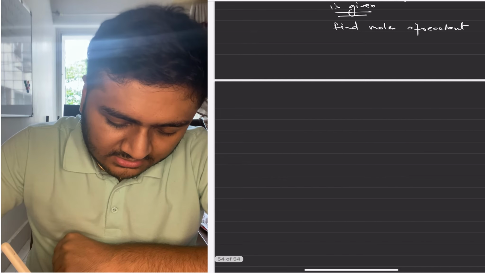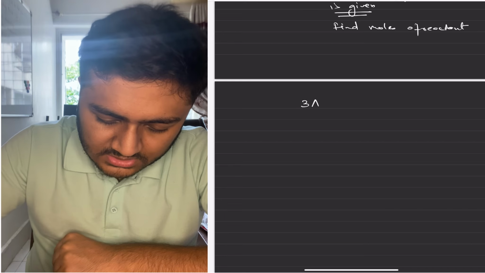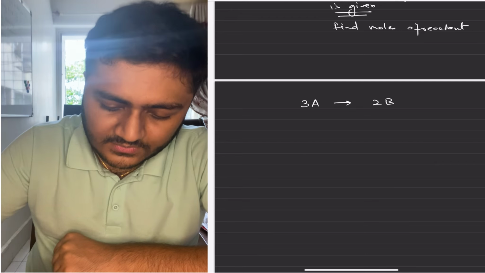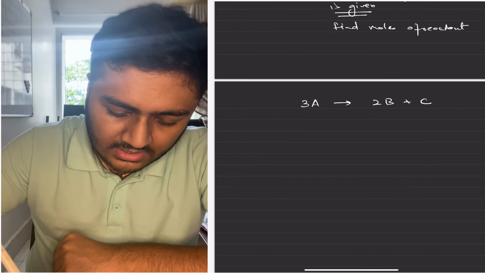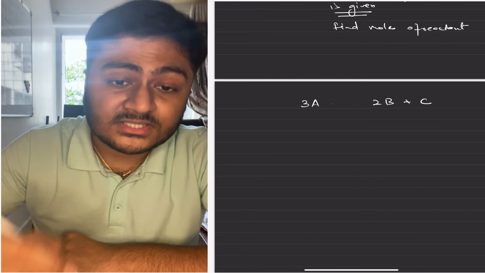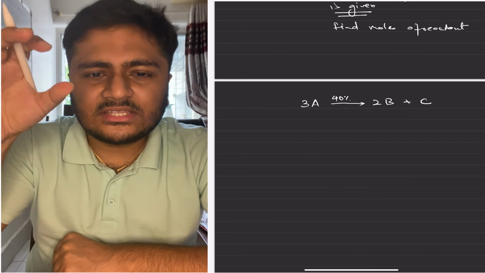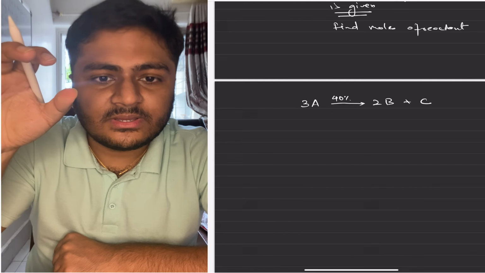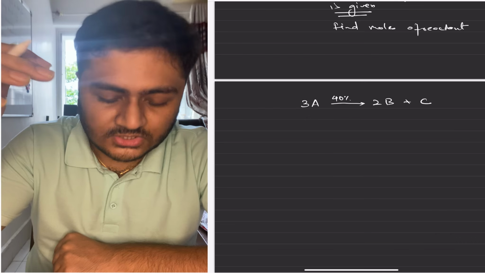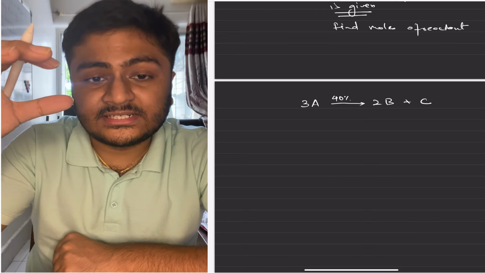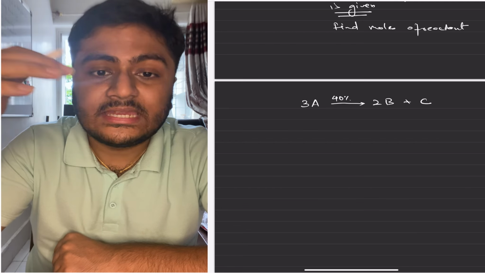Let's understand this particular case with a question. 3A gives 2B plus C, and they have given that the percentage yield of the reaction is 40%. Usually the yield of the reaction is written above the arrow. Whenever a percentage is written above the arrow, it is equivalent to yield.